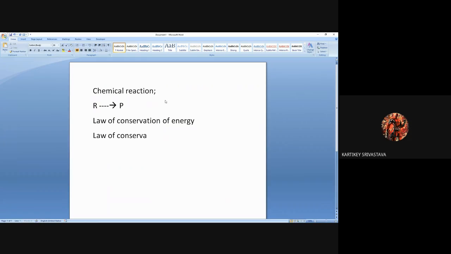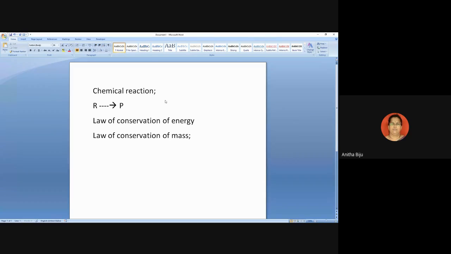Exactly, correct. The law of conservation of mass simply states that in a chemical reaction, the total mass of the reactants should be equal to the total mass of the products. Understood? This is the simple way of stating the law.